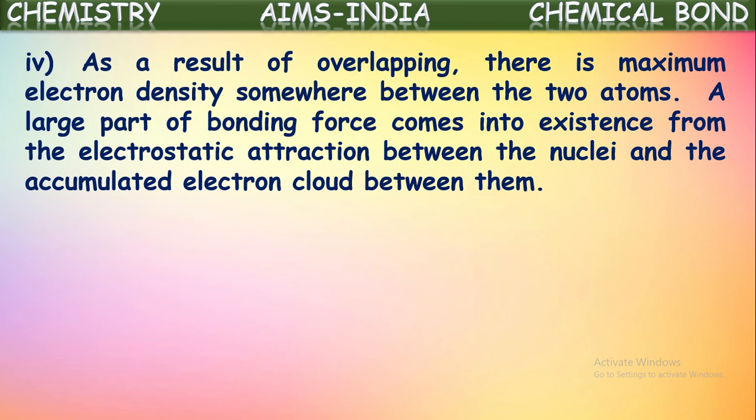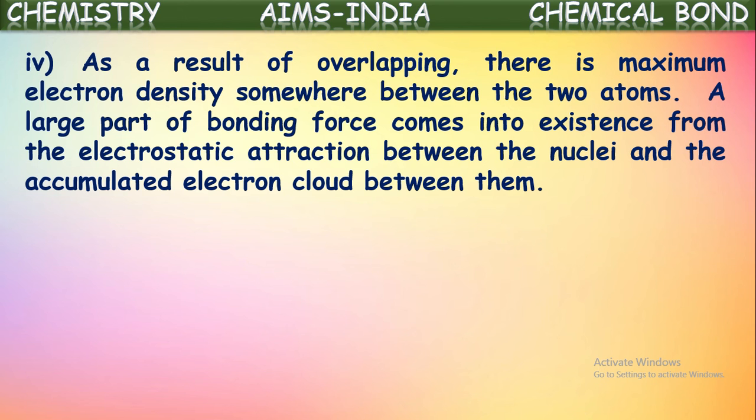As a result of overlapping, there is maximum electron density somewhere between the two atoms. By coming close to each other at a certain distance, the atomic orbitals of two atoms overlap.